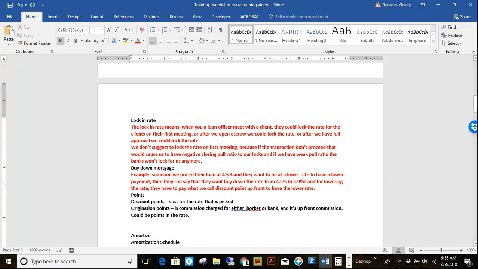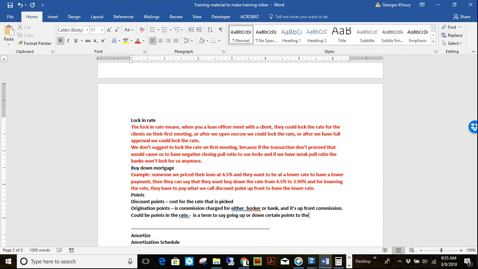Points in rate is a term to say the rate is going up or down by certain points.